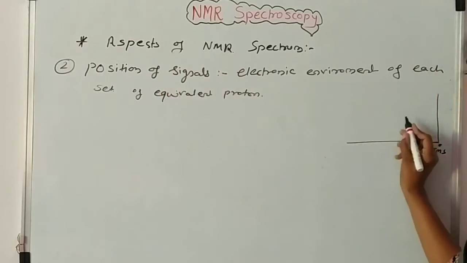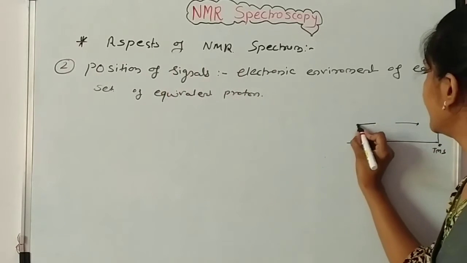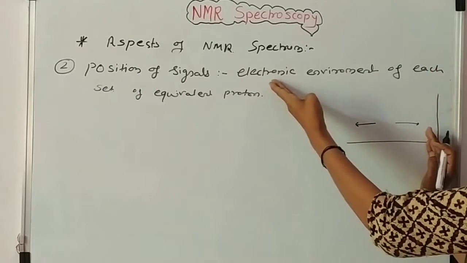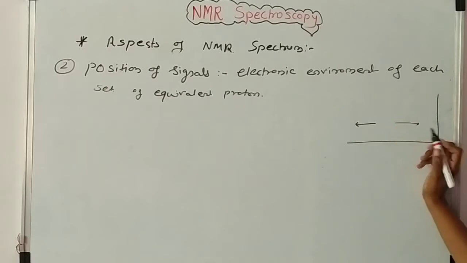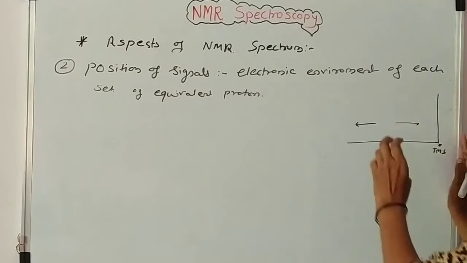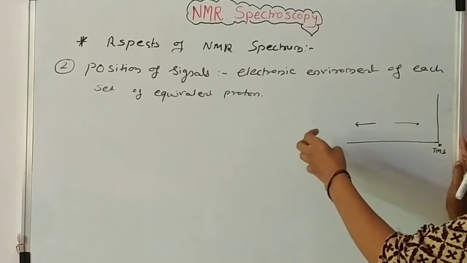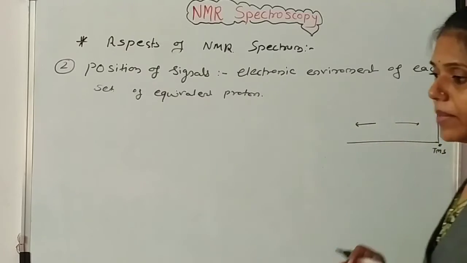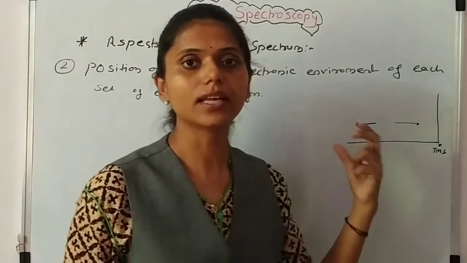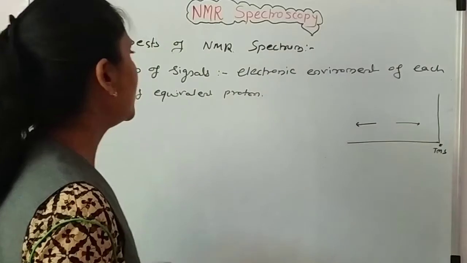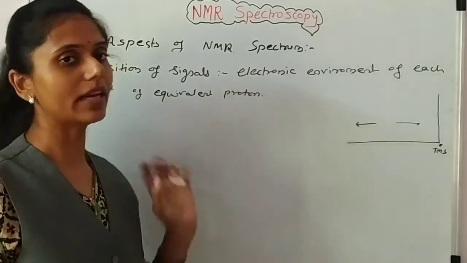On this side, the electronic environment is very high. That means electron density is very high on the right hand side, and on the left hand side there is less electronic environment. I am not going into detail on this NMR spectrum now. Only understand the electronic environment here.